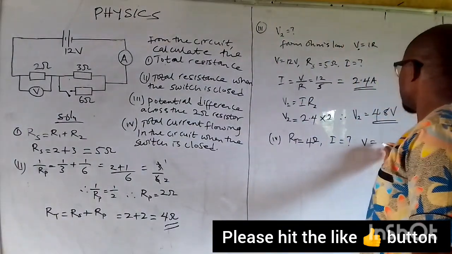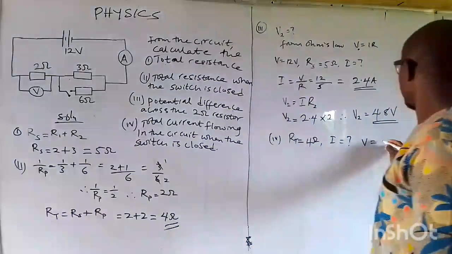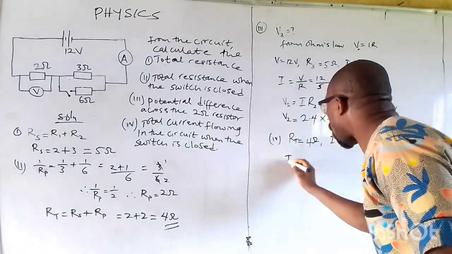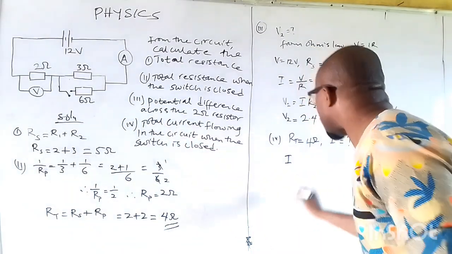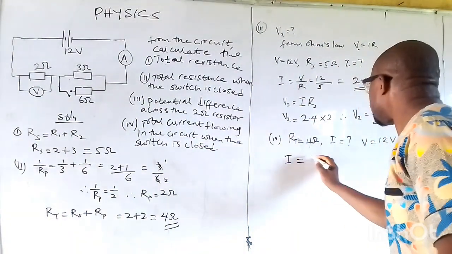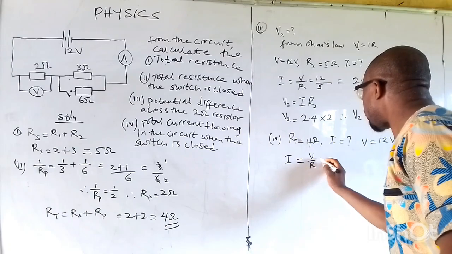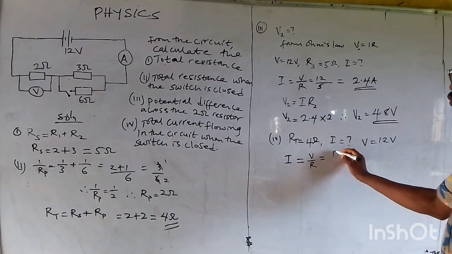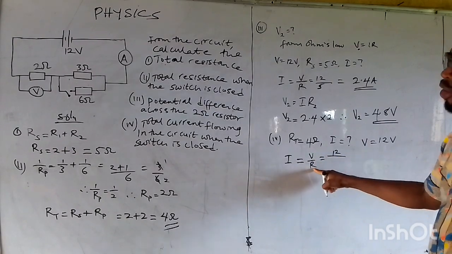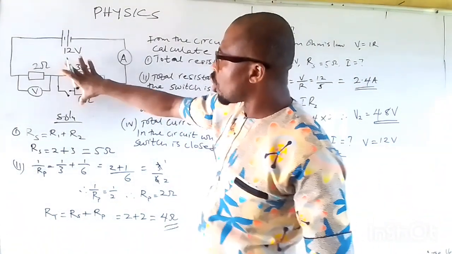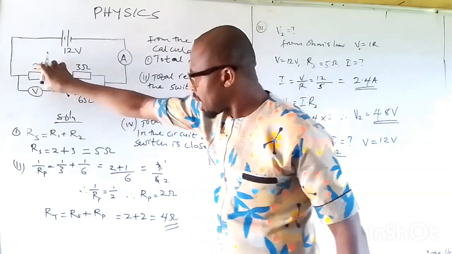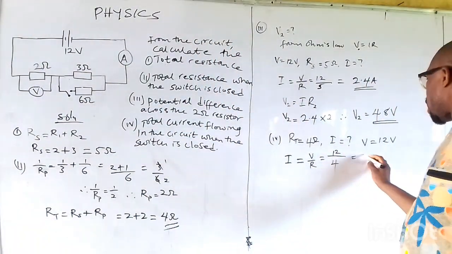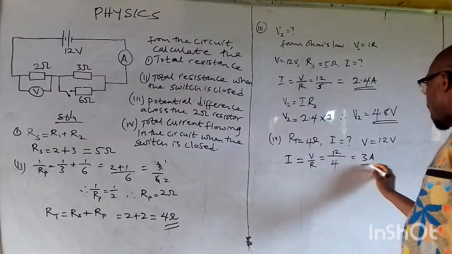V is equal to 12 volts. The current in the entire circuit is V over R. V is 12, and R, the combination of the one in series and the one in parallel, is 4. So 12 over 4 gives us 3 amperes.